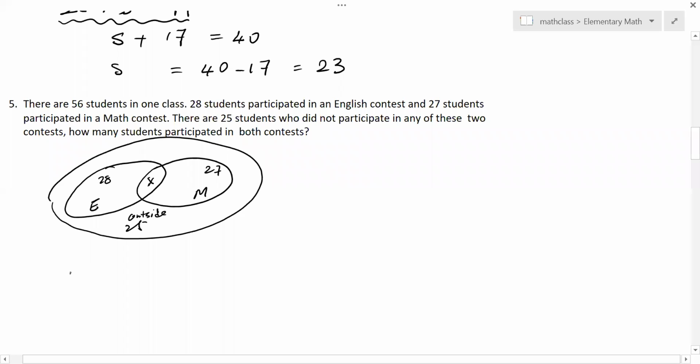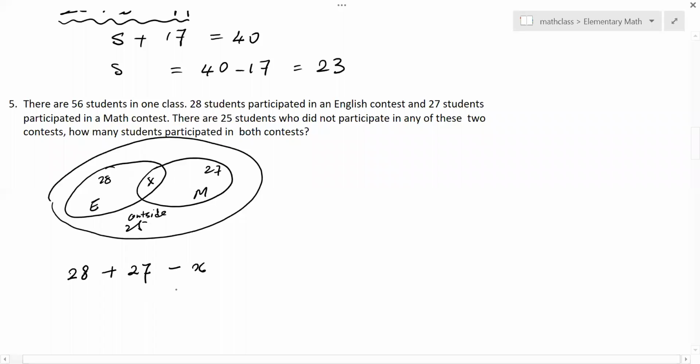The number of students who participate in the English contest is 28, plus 27, but that's more than the total number of students who participate in some contest, so you have to subtract the overlap that was double counted.